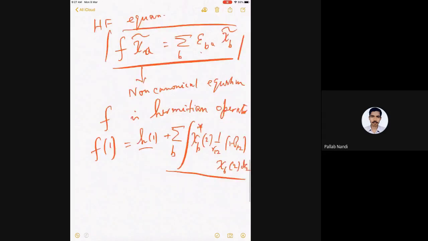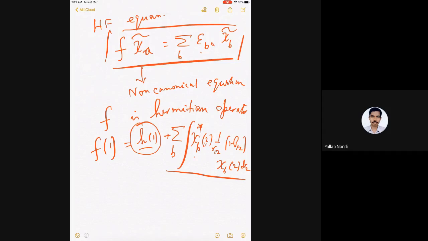So this becomes my Fock operator. This is a very interesting operator because it has an actual one particle operator plus a Coulomb averaging over the chi B. Chi B star 2 chi B is the rest of the electrons in B. I am summing over B, not summing over electrons, because that's one and the same thing. This is a dummy index anyway.